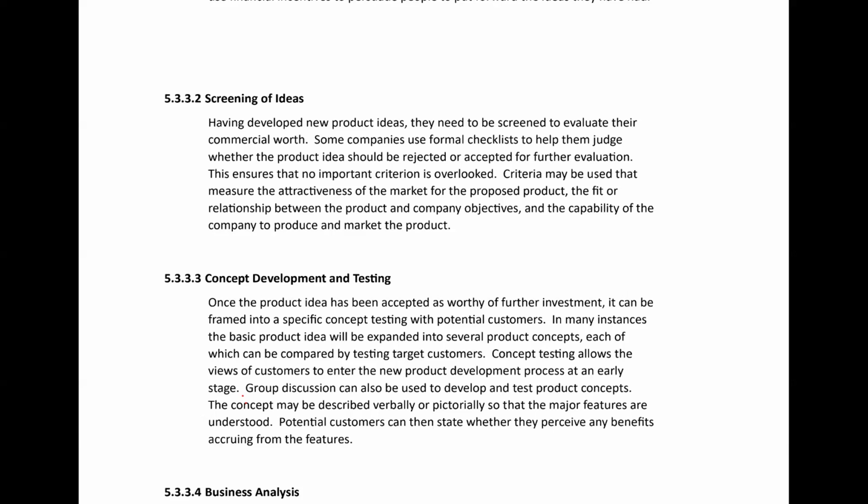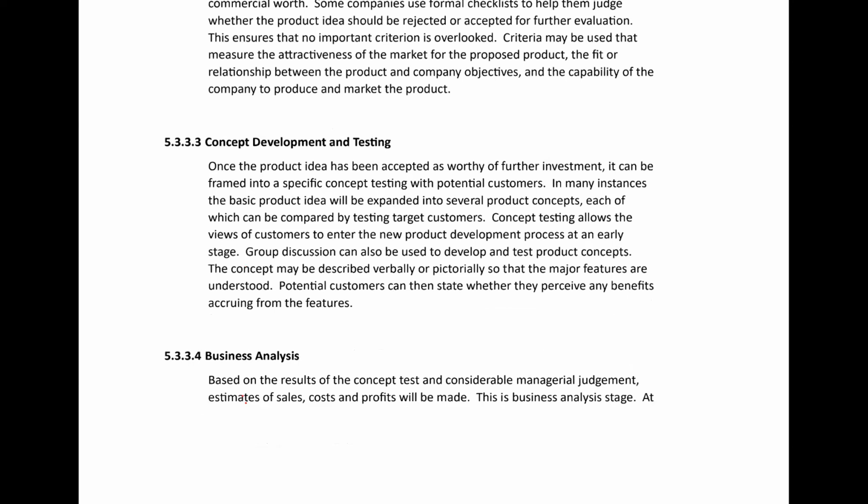All right, this ensures that no important criterion is overlooked. So criteria may be used to measure the attractiveness of the market for the proposed product, the fit and the relationship between the product and the company objectives, and the capacity of the company to produce and market that same product. So you are there screening the idea.